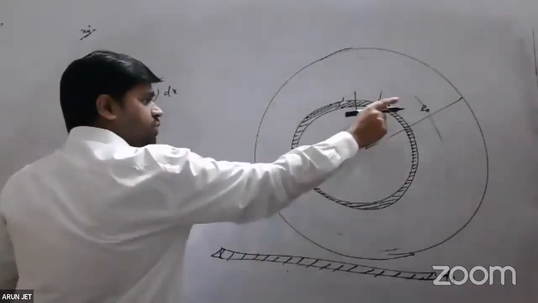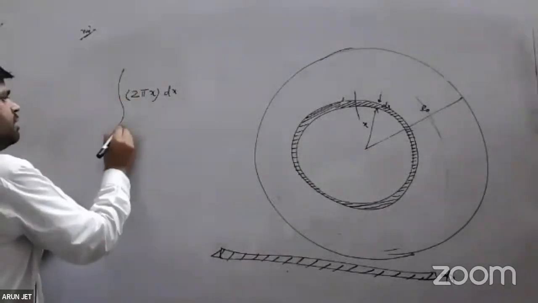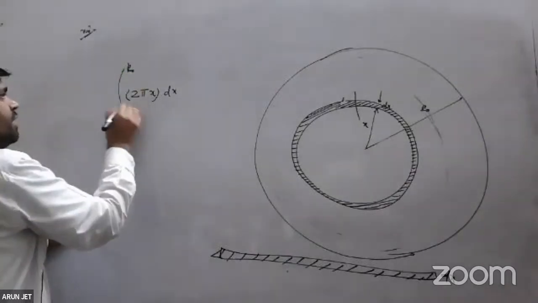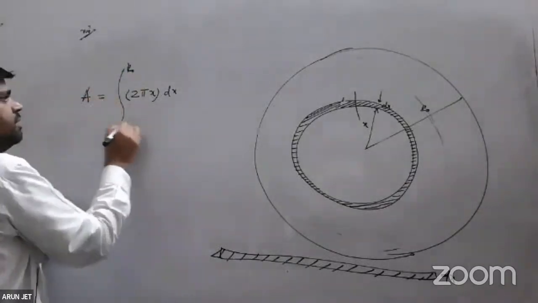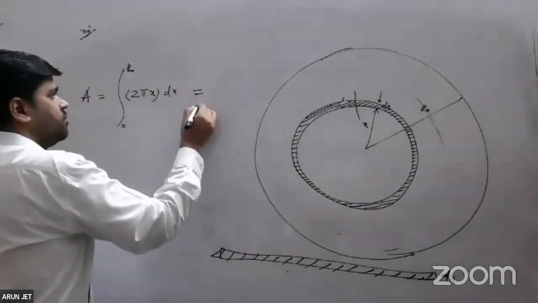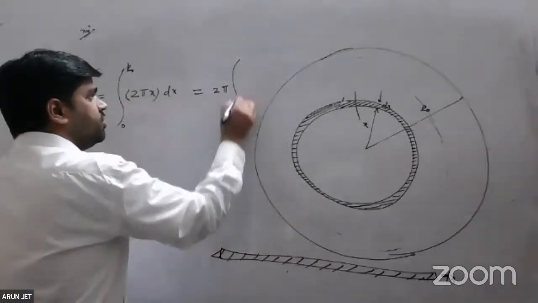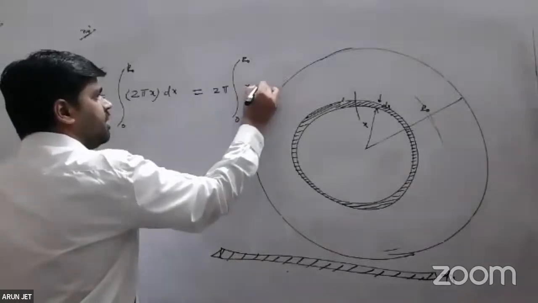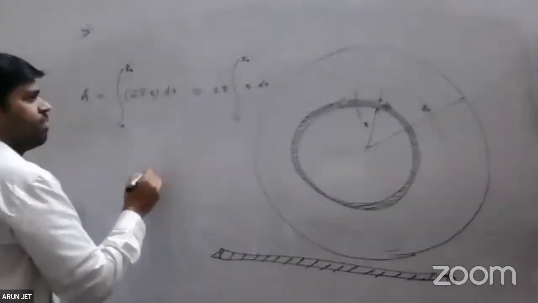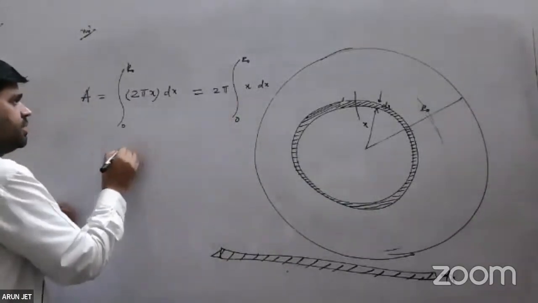When I integrate this from 0 to R naught, what I get is the area of the circle. So that would be 2 pi, which is constant, comes out, integral from 0 to R of x dx. What is integral x dx?